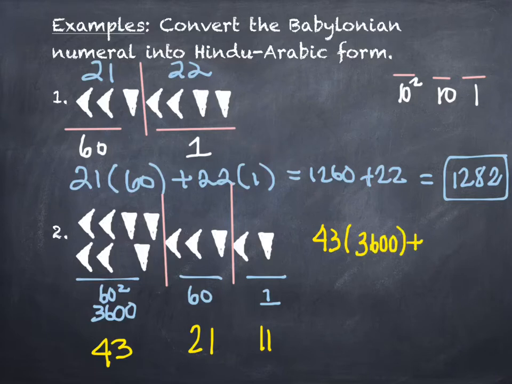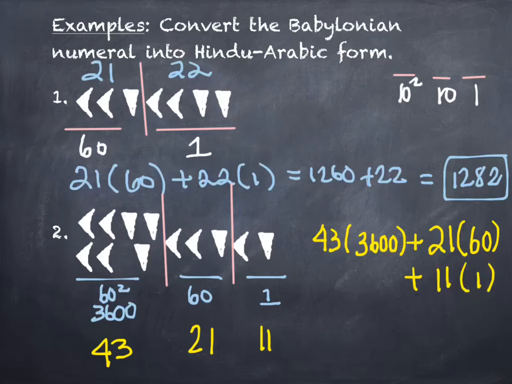And then 21 times 60, or 60 times 21, right? Plus technically 11 times 1, or 11, right? We're going to add that all together.